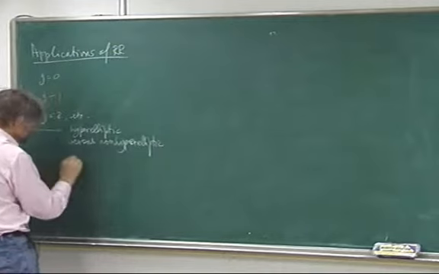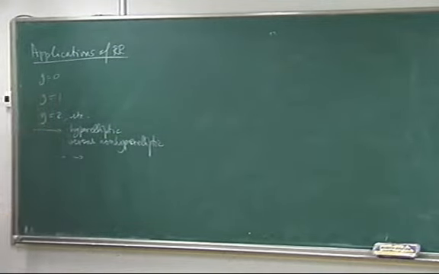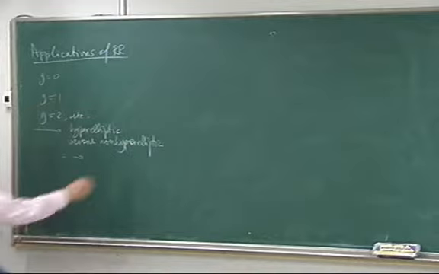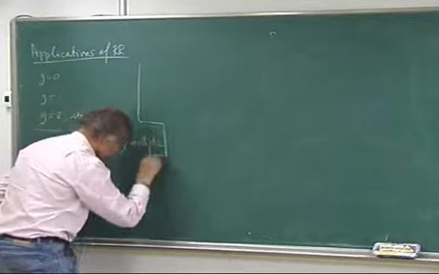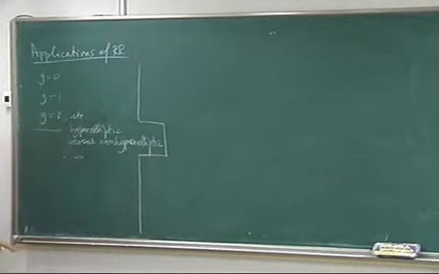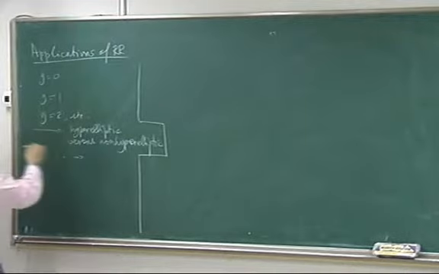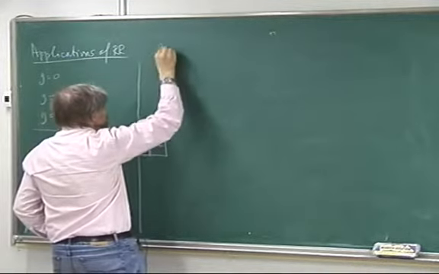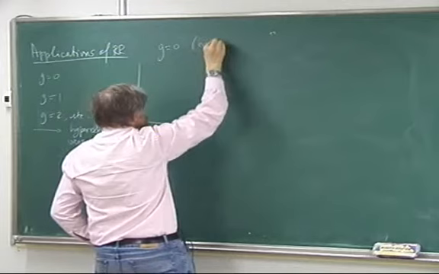And then, you know, if we went on for another 10 lectures or so, there'd be quite enough to talk about. So let me say g equals 0. So I hope that you've thought about this in terms of the homework sheet. G equals 0. This is on the homework sheet.